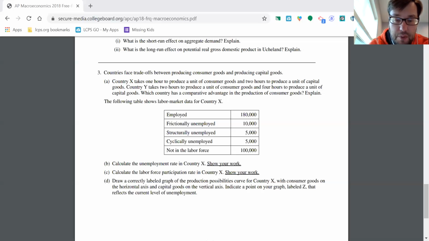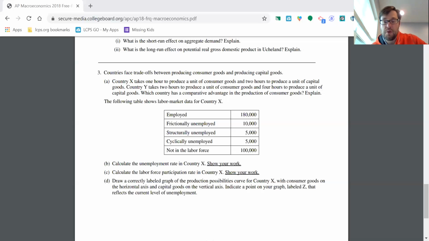So if you remember, there were some words: efficient, inefficient, and there was also impossible. Those were the 3, when you drew a point on a PPC graph, you could show whether you were outside beyond resources, on the curve being efficient, or somehow being inefficient.